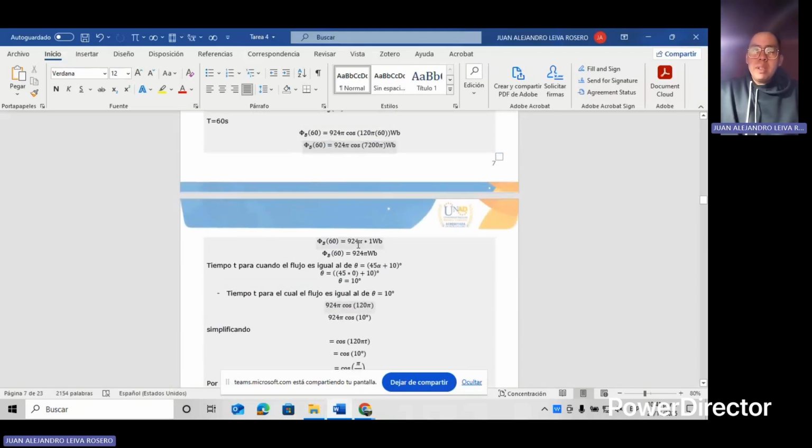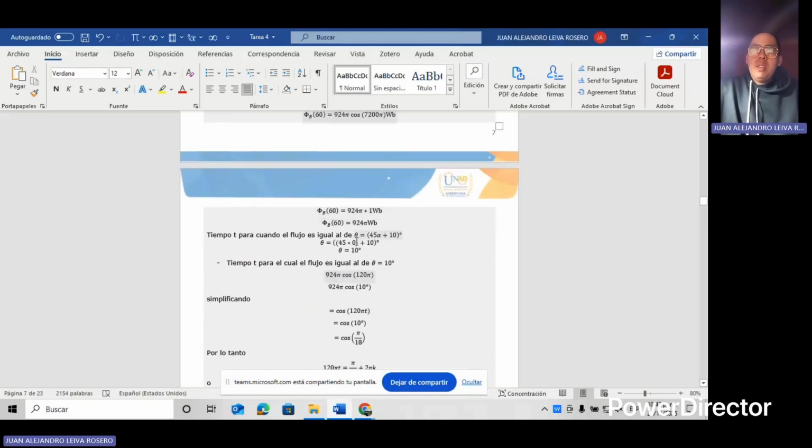And now determine when the time-varying flux equals the original static flux value. We set up the equation and simplify.